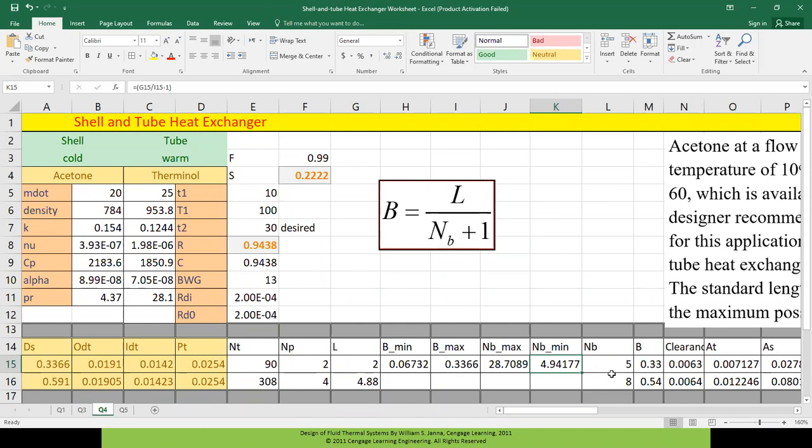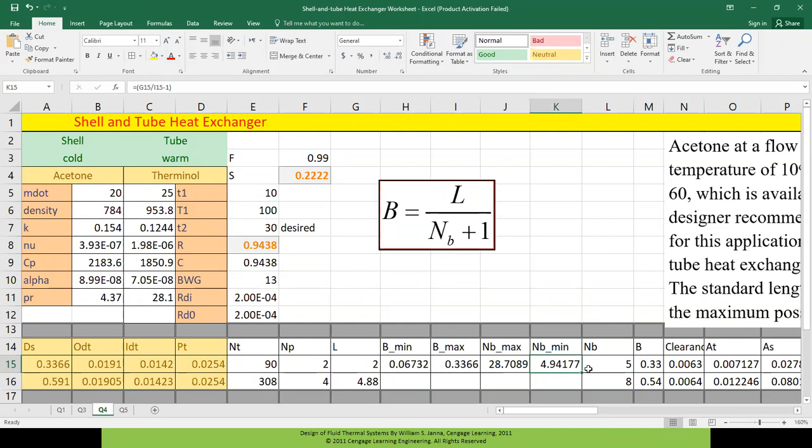What is the constraint? That the maximum baffle spacing you can choose equal to your shell diameter, or minimum it can be 1/5 of shell diameter. So this is 1/5 and this is equal to the shell, right? So corresponding to this baffle spacing, the number of baffles is 28.7, and corresponding to this baffle spacing, what is the number of baffles, which is this.